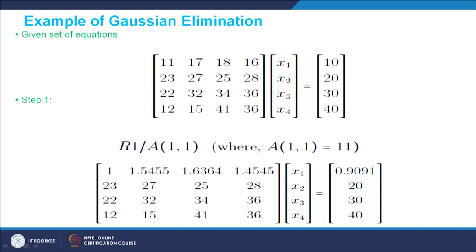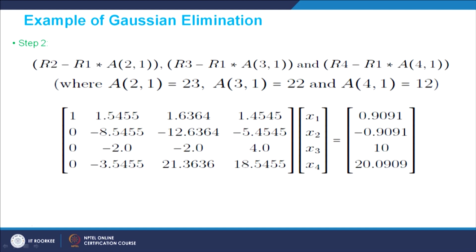In the first case we are dividing R1 by A11, where A11 is 11. So, we are taking this as the pivot and dividing everything. When we divide everything, we get this; this row changed. These 3 rows remain unchanged.